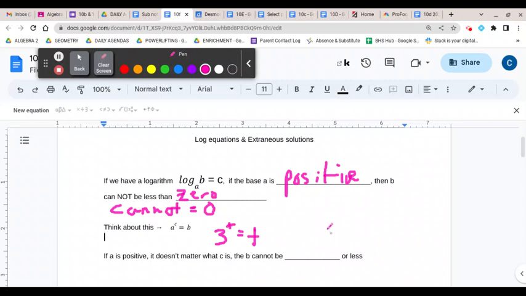If we raise 3 to 0, that's equal to 1. If we raise 3 to a negative number, we have 1 over a positive number. However we slice it, if the base is positive, then b cannot be 0 or negative.